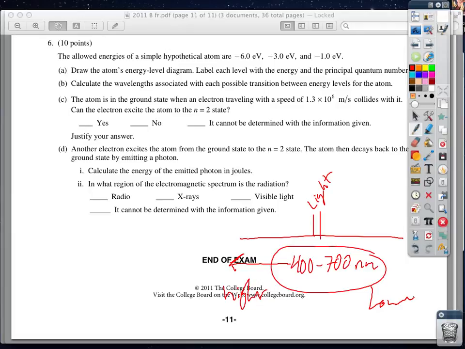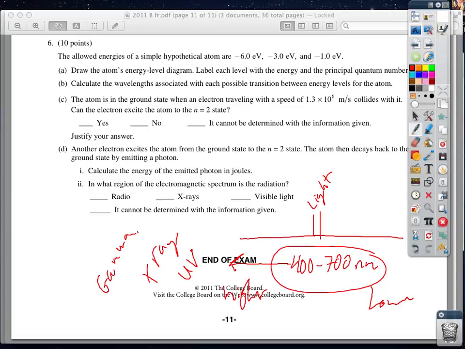So below this, like this is purple, so beyond that is UV, and then beyond UV is something in the middle, I think, that they use to look inside your clothes at the airport. Whatever. Next comes X-ray, and then gamma.